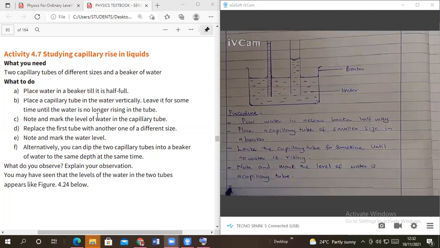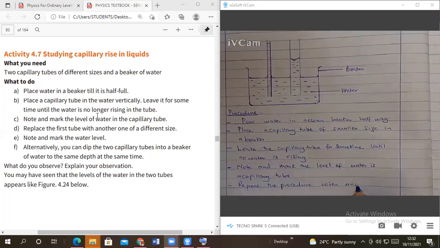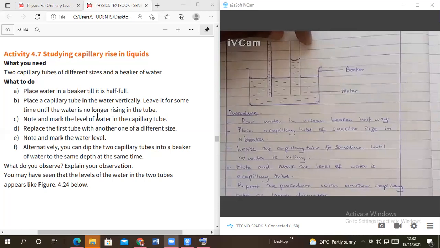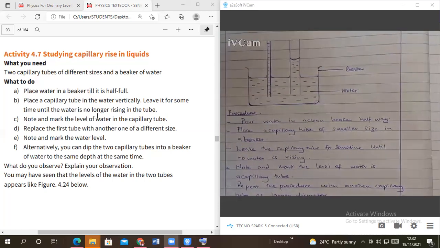So the other step is to repeat the procedure with another capillary tube of larger diameter. So now you use another capillary tube of another diameter.